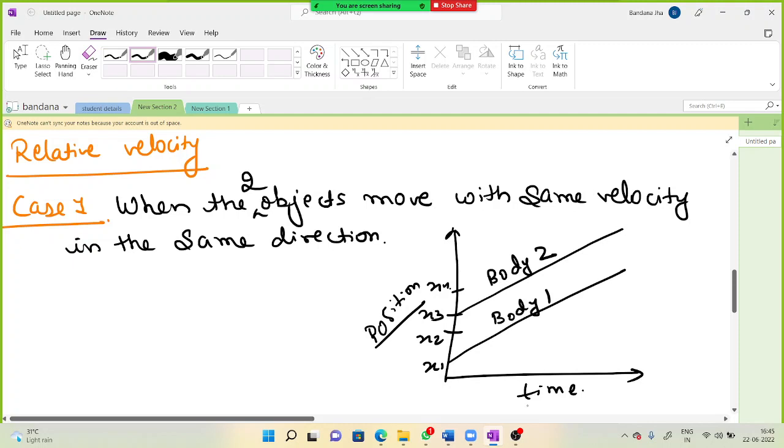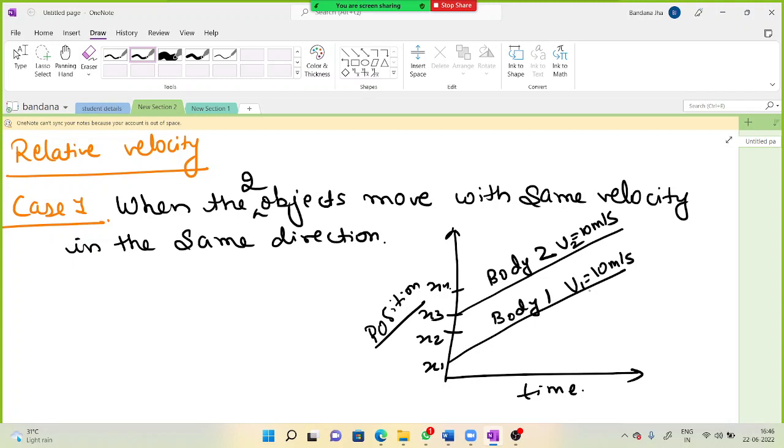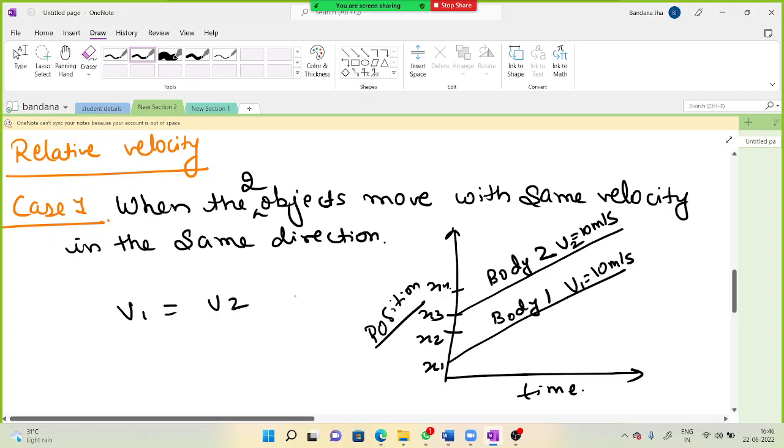With respect to time, both objects are moving with the same velocity, suppose 10 meters per second. This is V2, this is V1. Then your graph will be like this. Here V1 is equal to V2.